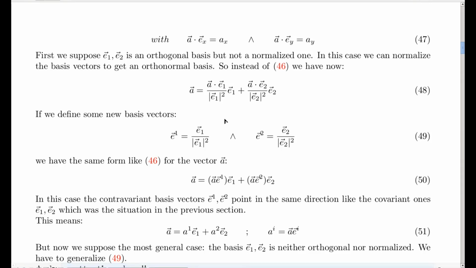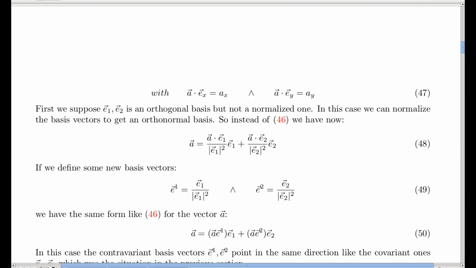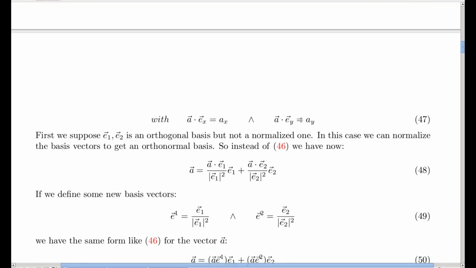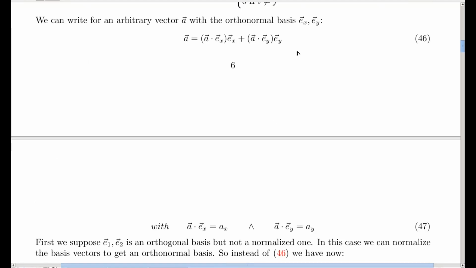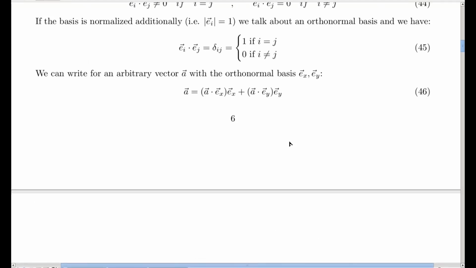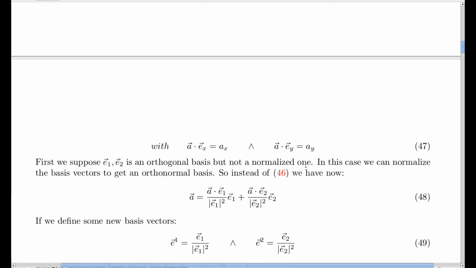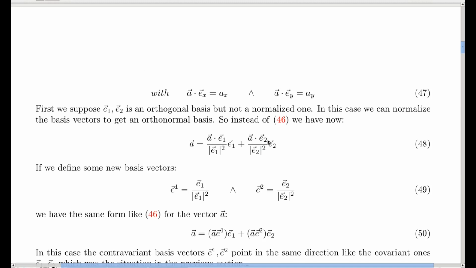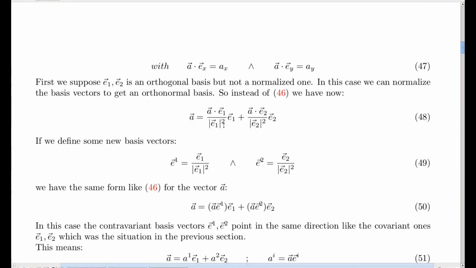And so we can define here new basis vectors. That means this is E1 contravariant and this is E2 contravariant. So that shows the reciprocity between co- and contravariant basis vectors.